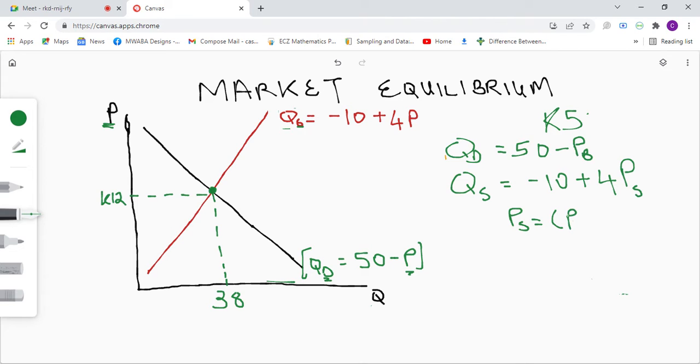We'll take the price the people are paying and subtract the tax from it. So the money that the suppliers are receiving, we're deducting tax from it. Our tax in this case is 5 kwacha, so PS is going to be PB minus 5.